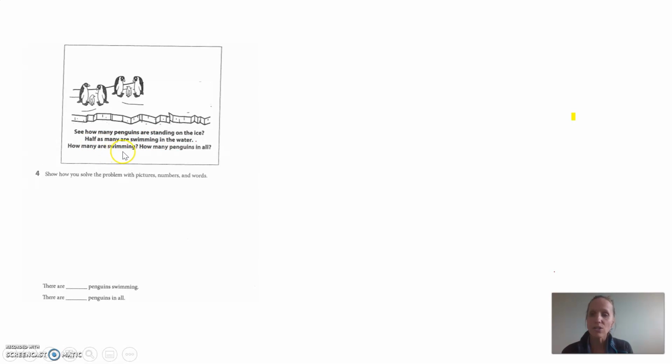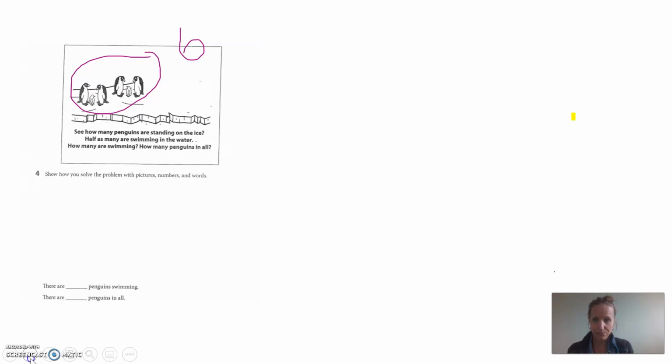How many are swimming and how many penguins in all? Okay, so we've got 2 questions to answer, and it's asking us to show how we solve the problem with pictures, numbers, and words. That's exactly the thinking of last week, how we need to make sure we're showing our thinking.